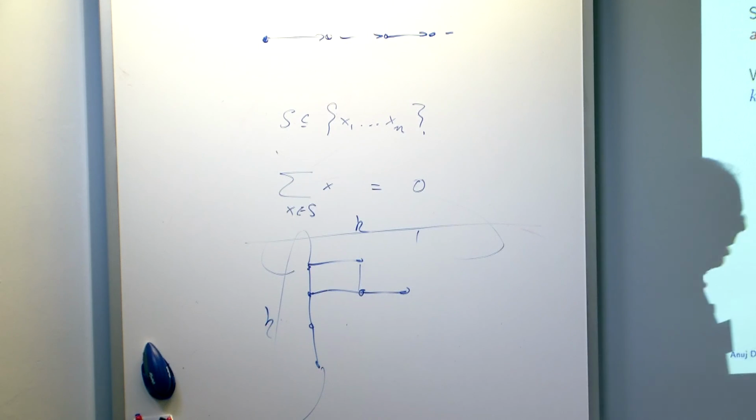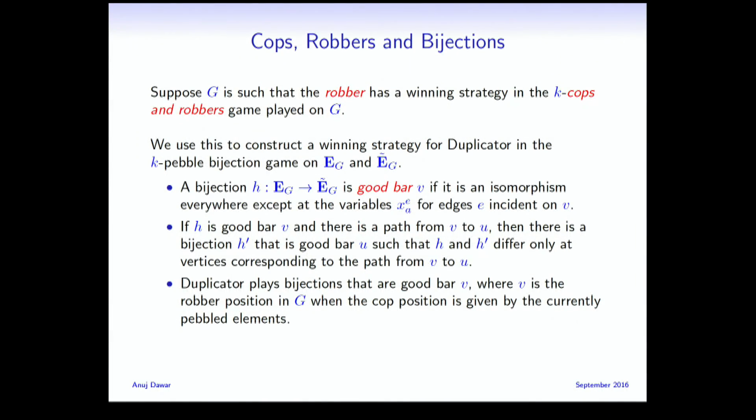And now, in the bijection game, duplicator plays these bijections that are good except at a single vertex, corresponding to the current robber position in the cops and robbers game. So basically, we're playing this bijection game.